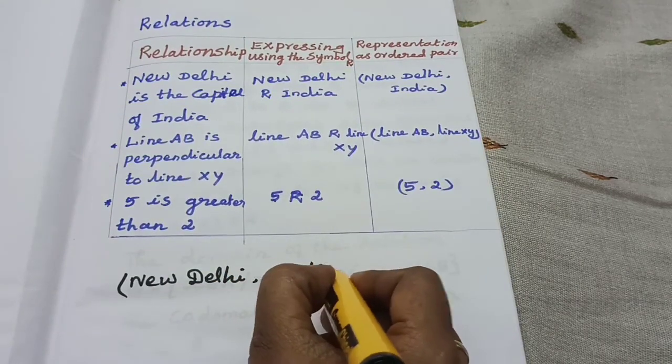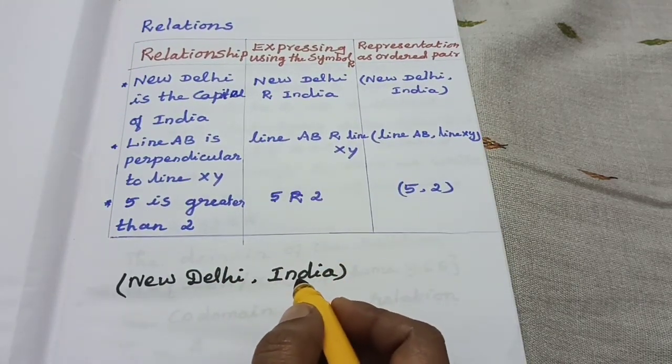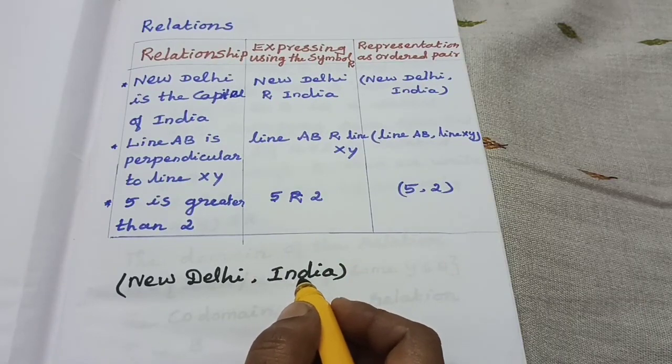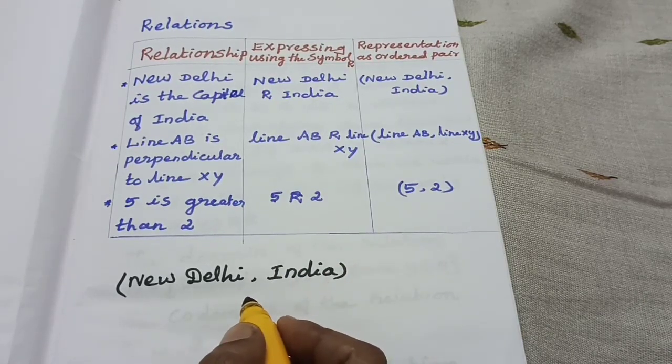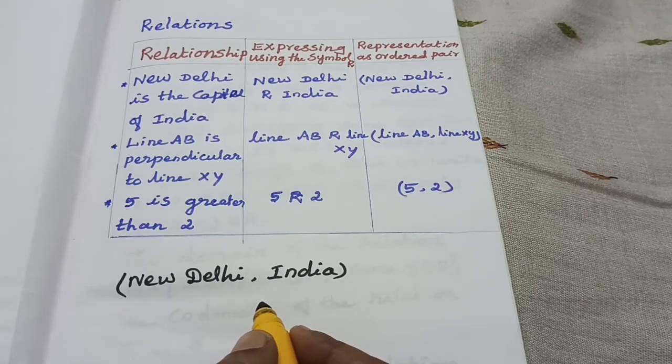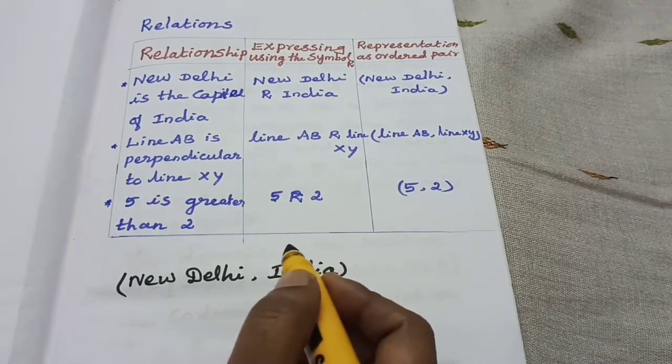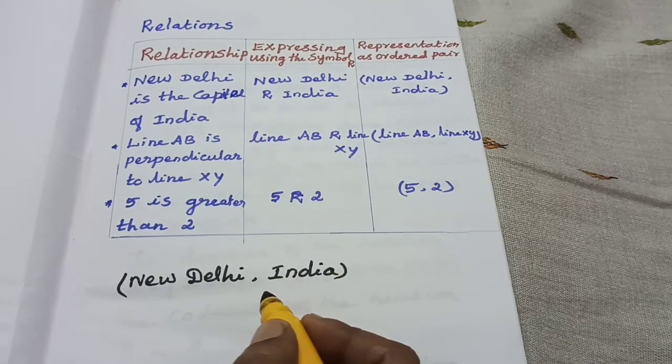Another example: Washington, USA; Beijing, China; London, UK. Like that we can give a lot of examples. Specifying the relation is very easy to understand.